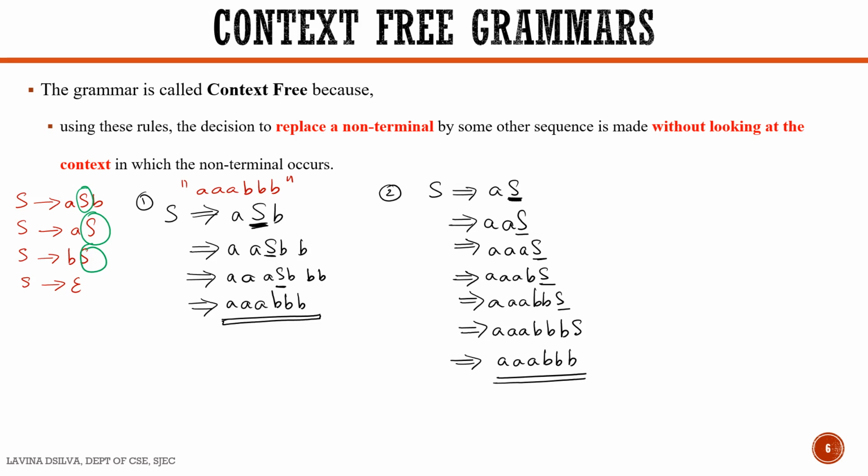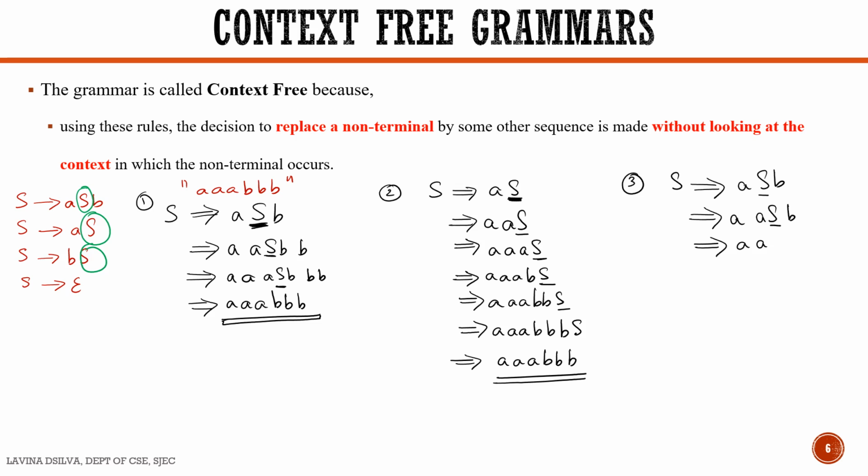We also can use another way to derive the string. I'll take the first rule, that is ASB, and this S will be replaced by the second rule. So I'll use AASB. Now this S will be replaced by the second rule again.